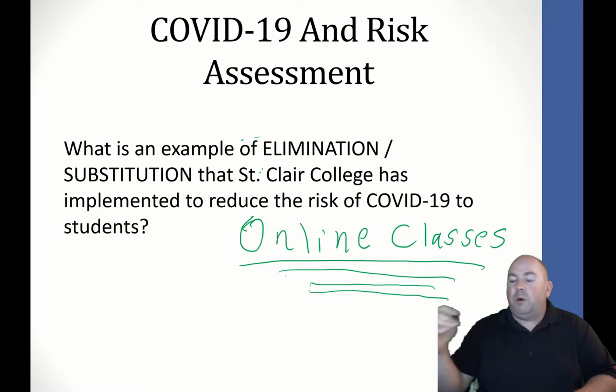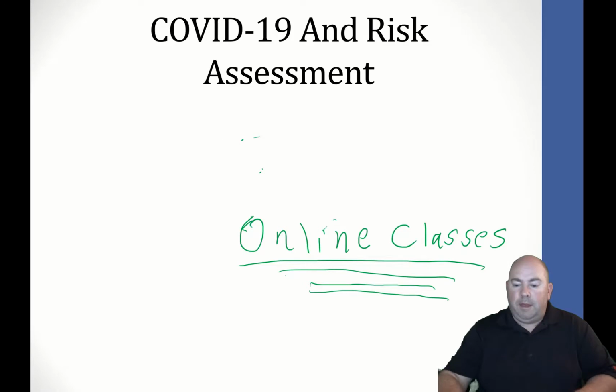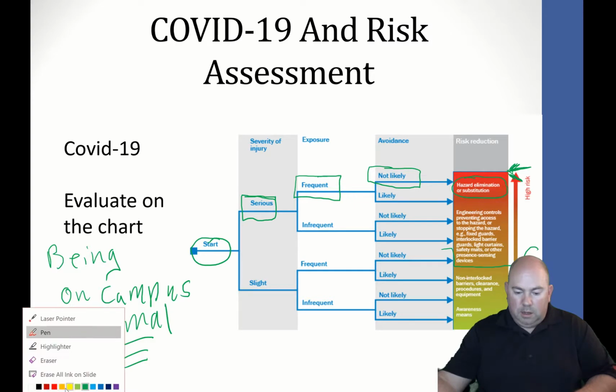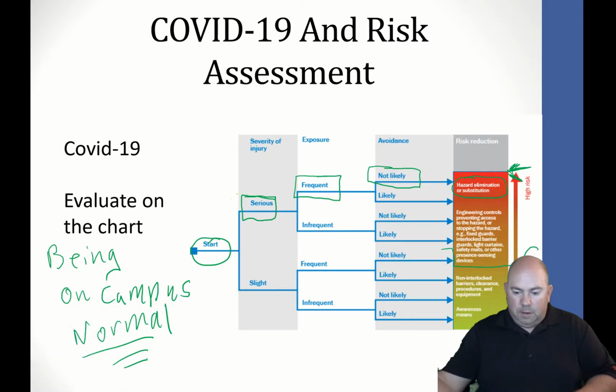So what we have here is online classes, and that reduces the risk. Nothing we can do about the severity, there's nothing we can implement that changes the severity of injury.